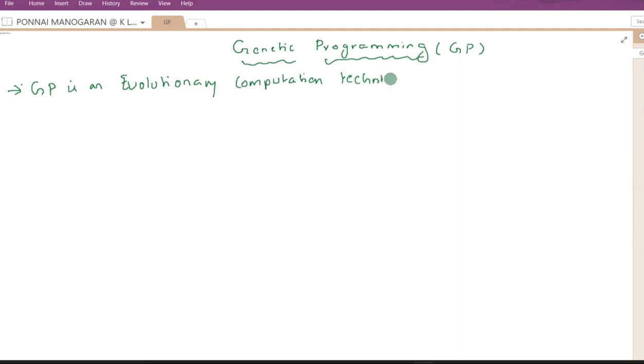It is an evolutionary computation technique which is used to solve problems without requiring the user to know or specify the form or structure of the solution in advance. That means here in genetic programming you need not know the structure of the problem.